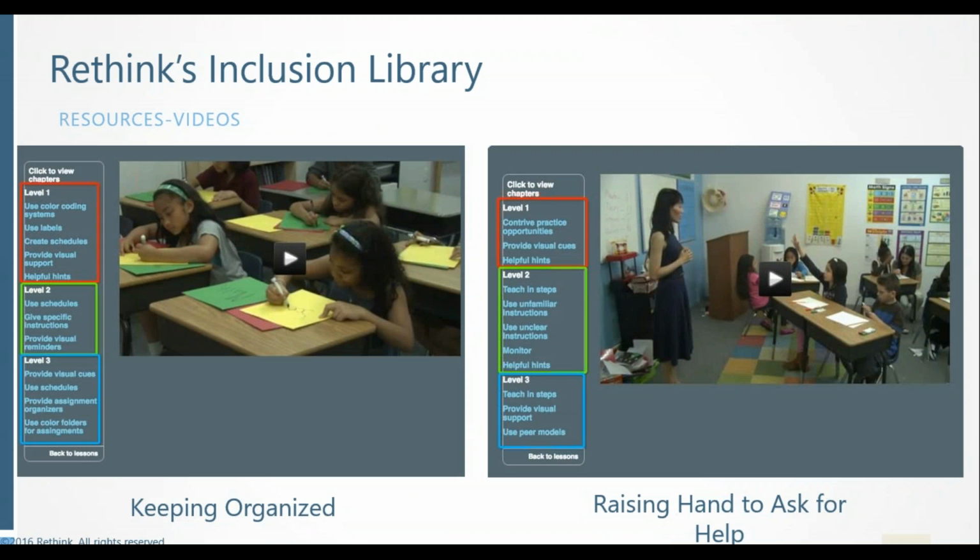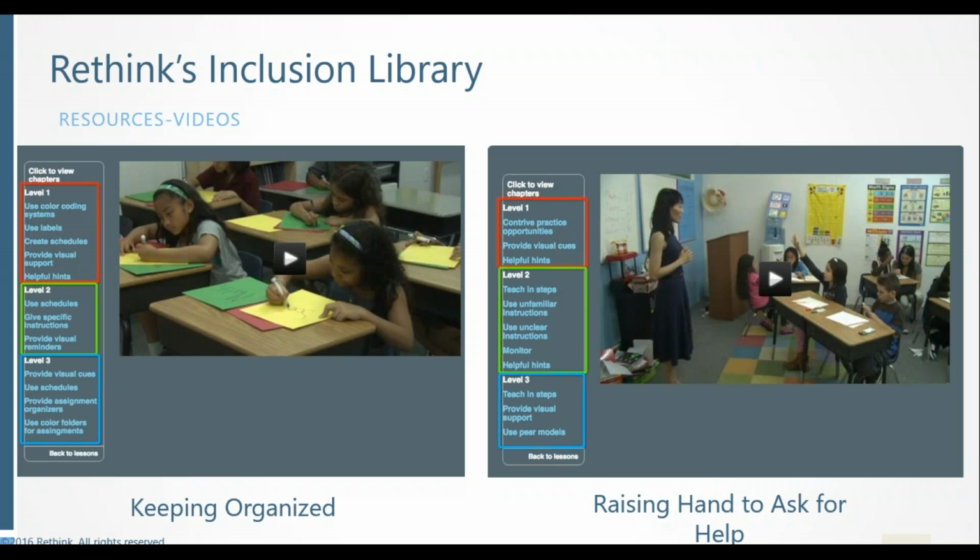Knowing what supports to provide your student and what level is an important component of effective instruction and intervention. The Rethink Inclusion Library contains best practice video models that will assist you and help your classroom teams to implement effective strategies to support your students. Just like we saw with the lesson plans, the Inclusion Library videos are also divided into 3 levels.